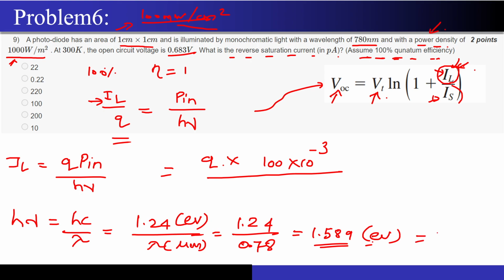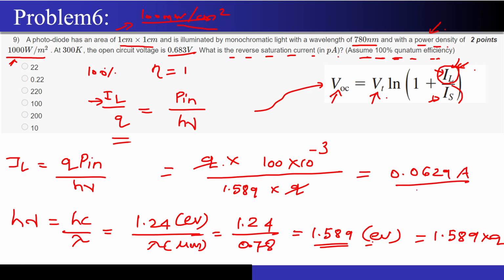I have to multiply it with the factor of Q as well, so 1.589 into Q. This Q and Q will get cancelled. And the value of IL will come out to be 0.0629 amperes.